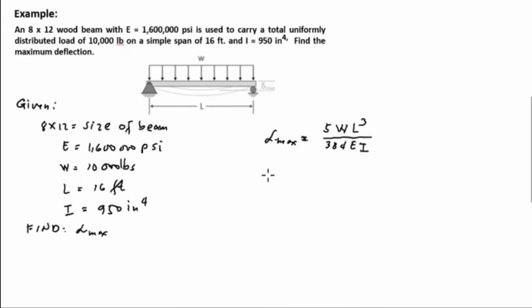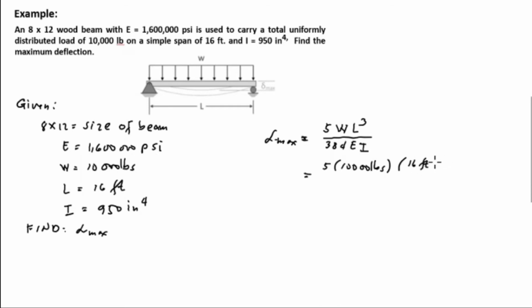We have W, which is 10,000 pounds, so 5 times 10,000 pounds, and we multiply with the length, which is 16 feet.